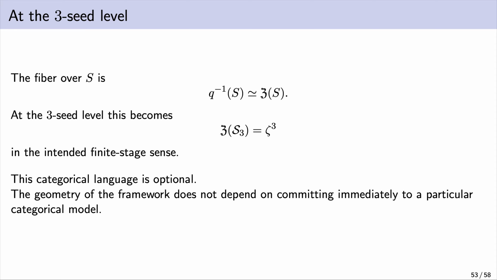So the fiber over S would be Q inverse of S, equals the fiber above that particular geometric location S. So at the 3-seed level, the input is the 3-seed, so S equals the 3-seed, and then you input that into the function, sends it up to the fiber, you get that point in zeta 3.